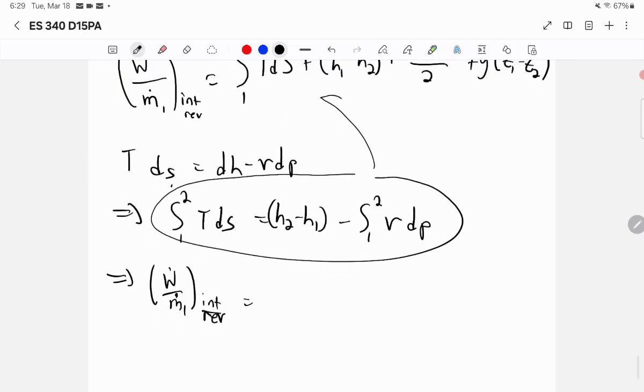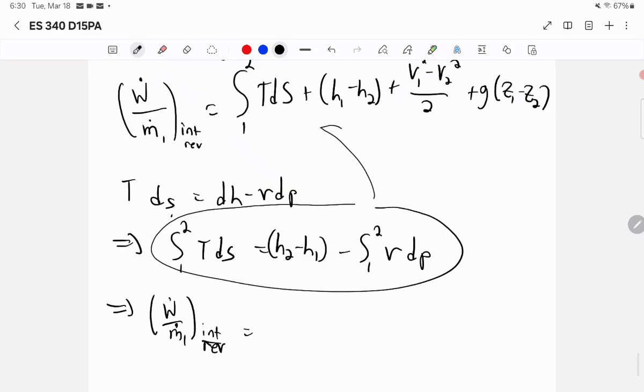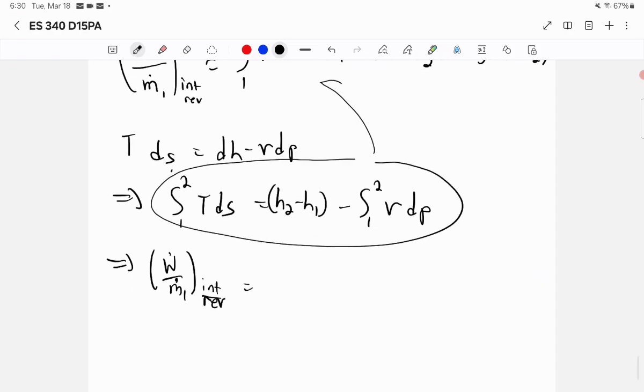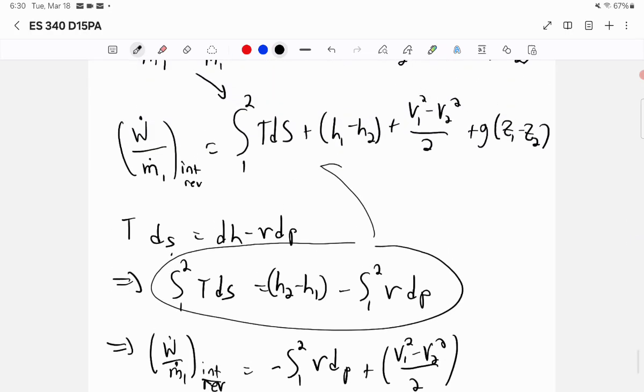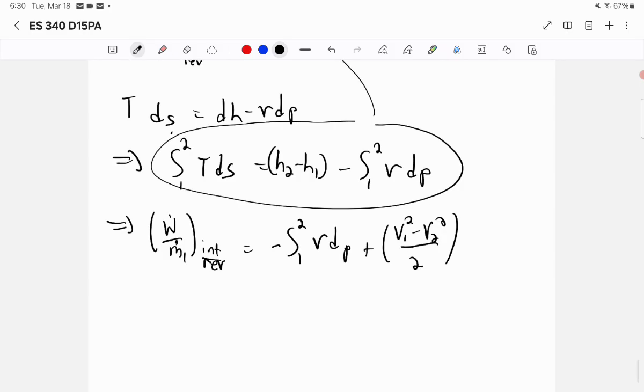But that's going to be equal to minus the integral from 1 to 2 of v dP plus V1 squared minus V2 squared over 2 plus g times z1 minus z2.